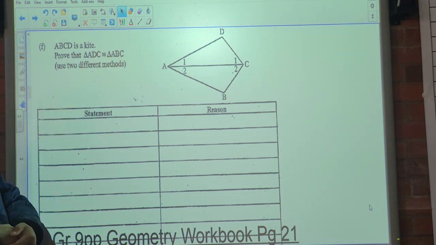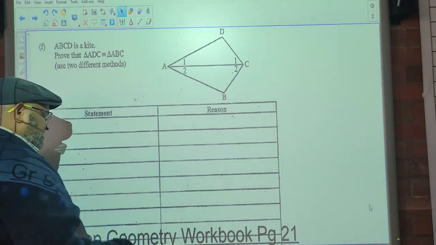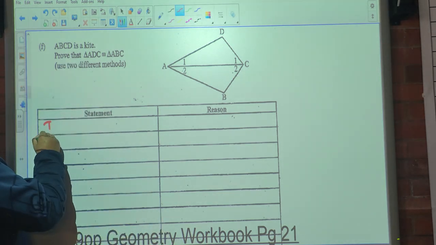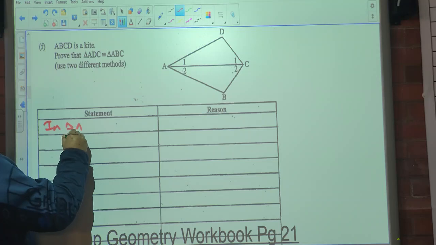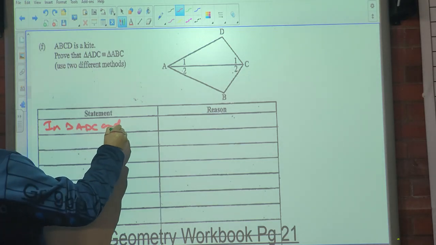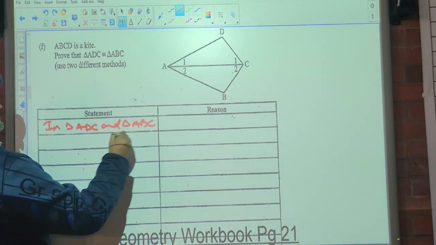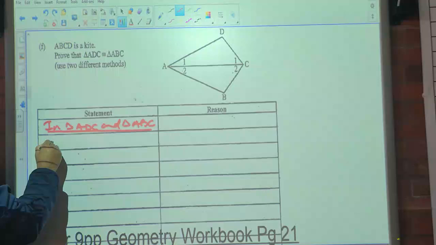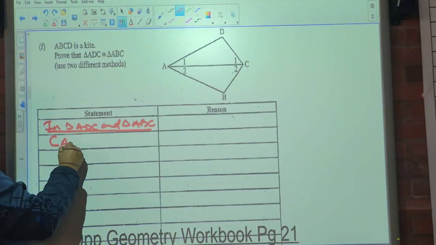Use 2 different methods. Okay, we will just do it. Alright, I'll just name that. So, where do we start? We say in triangle ADC and triangle ABC. Where do we start? We say then that AC is a common side.